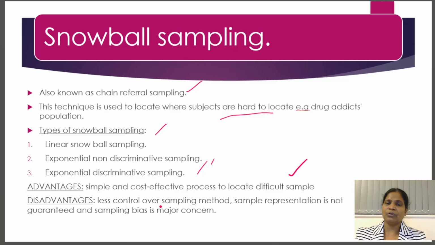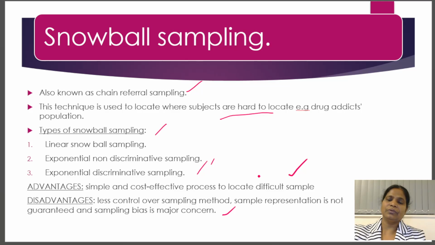Disadvantages: less control over sampling methods. Sample representation is not guaranteed. Sampling bias is a big concern here, because we are not certain whether we'll get the sample or not, and how long it takes, and whether our sample possesses the criteria which we have set for our study or not, that is also not guaranteed.